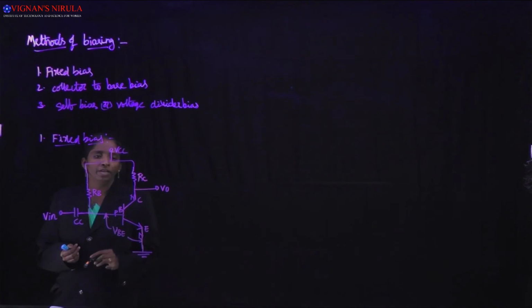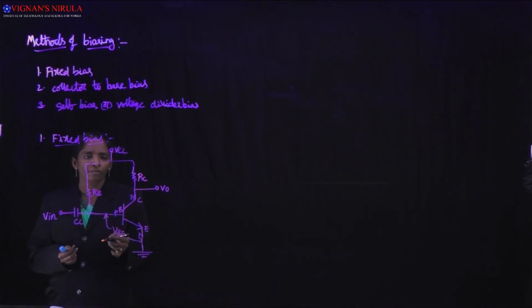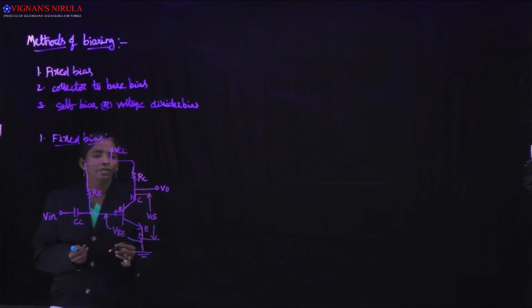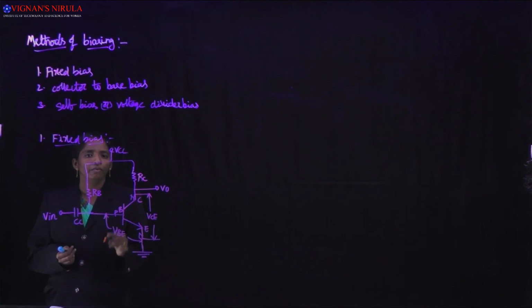For a germanium transistor VBE is 0.3 volts, and for a silicon transistor VBE is 0.7 volts. The voltage between collector and emitter is known as VCE. So this is the circuit diagram for the fixed bias circuit.